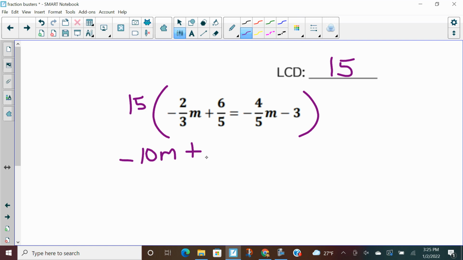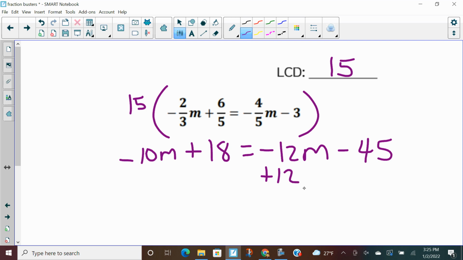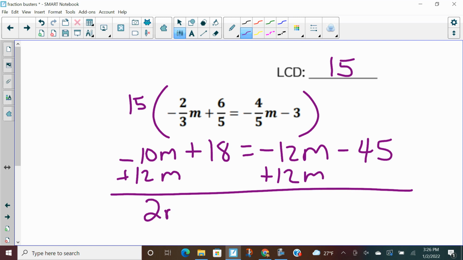5 goes into 15 3 times. 3 times 6 is 18. 5 goes into 15 3 times. 3 times 4 is 12. Minus 45, because 15 times 3 is 45. So I'm going to add 12 to both sides. So 2m plus 18 equals negative 45.